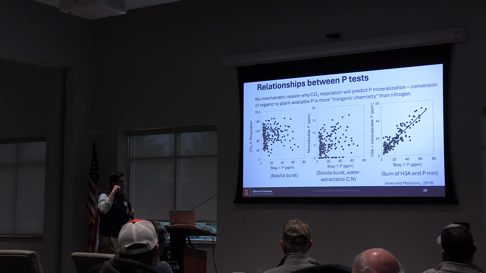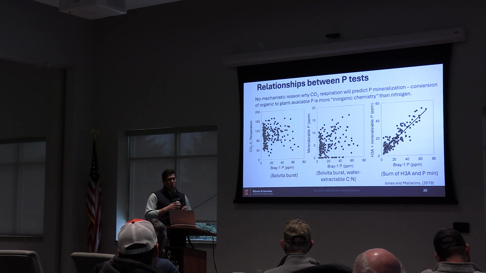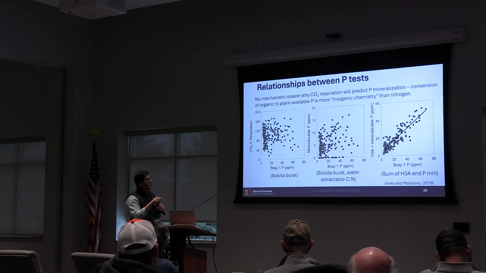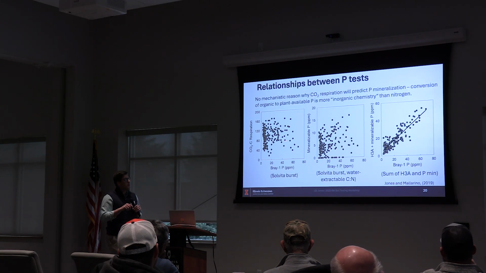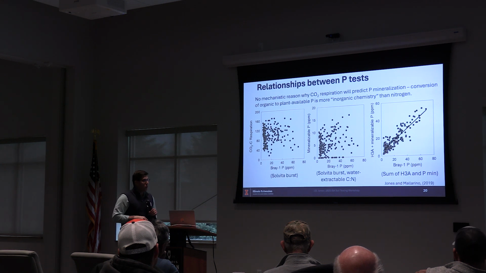Nitrogen is a much more biologically driven mineralization process. Phosphorus has a lot more inorganic chemistry that's important when we think about moving from an organic P, or P associated with organic matter, to P that's going to be plant available. It's not always just microbial activity. And that's why you see this kind of shotgun spread of points in the two left graphs compared to at least a linear relationship on the right.